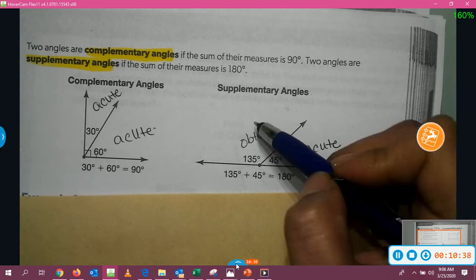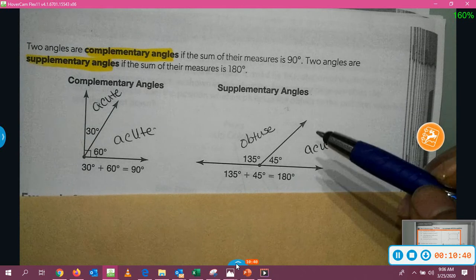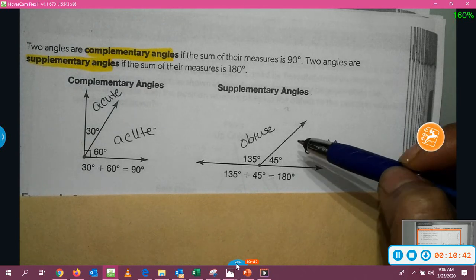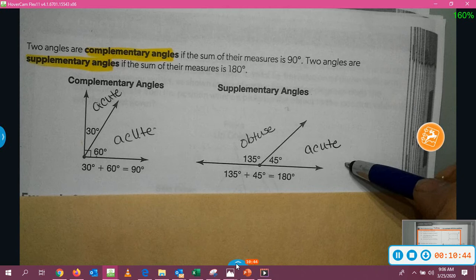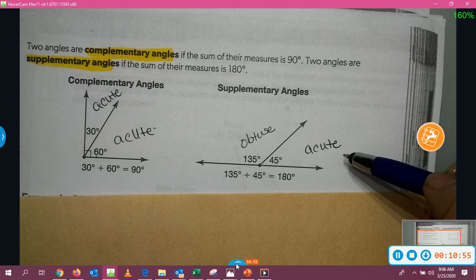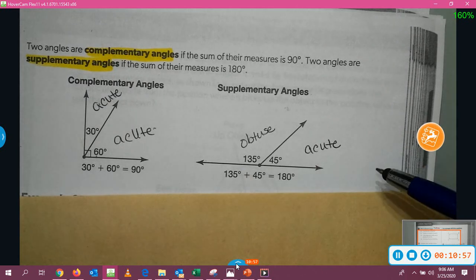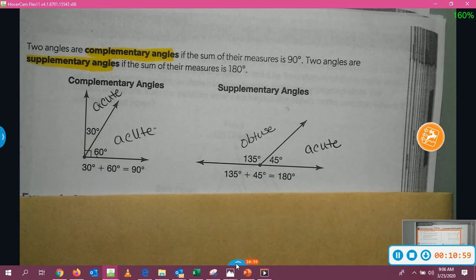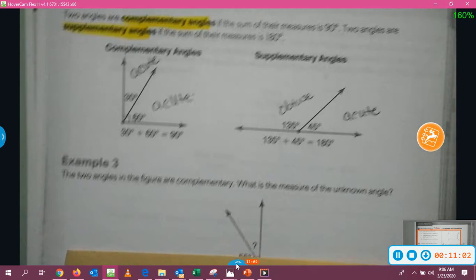So a supplementary pair is basically made of an obtuse angle and an acute angle. But what if we had two right angles? We can, because 90 plus 90 is 180. It's still a straight line. Got it? Alright, that was just a little food for thought.